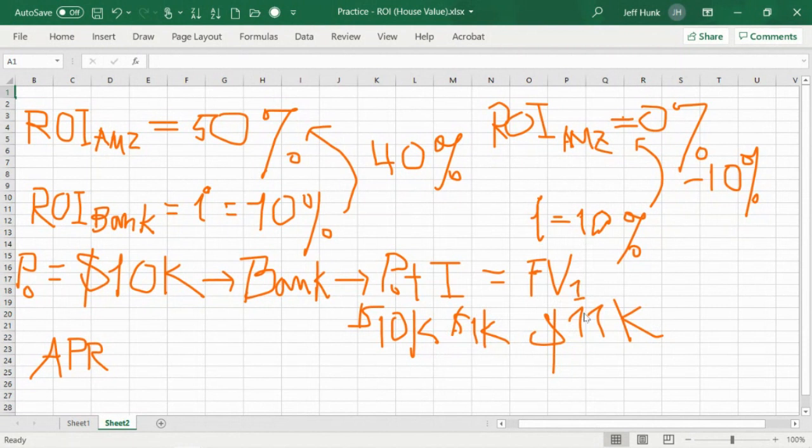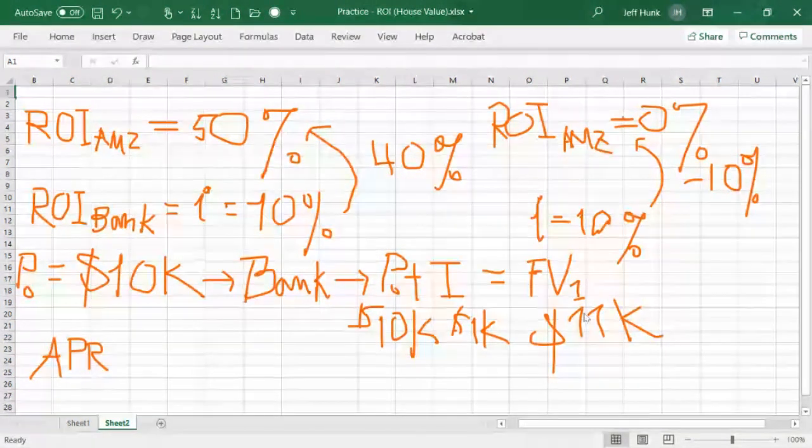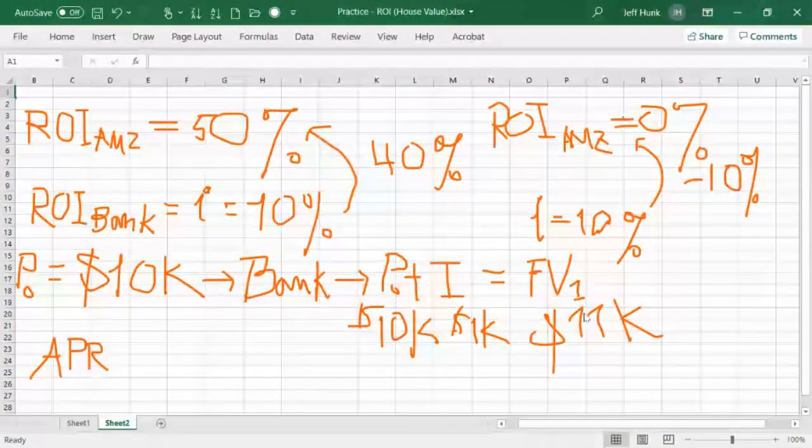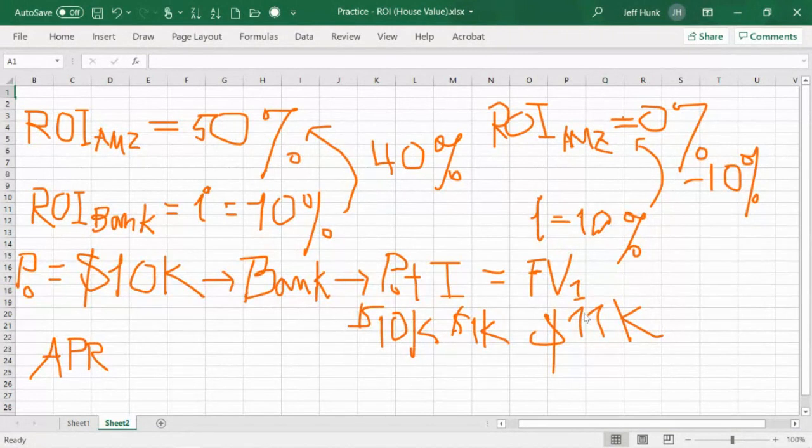If time 0 is the beginning of this year, time 1 is the end of this year, as well as a year from when you put the money in originally.